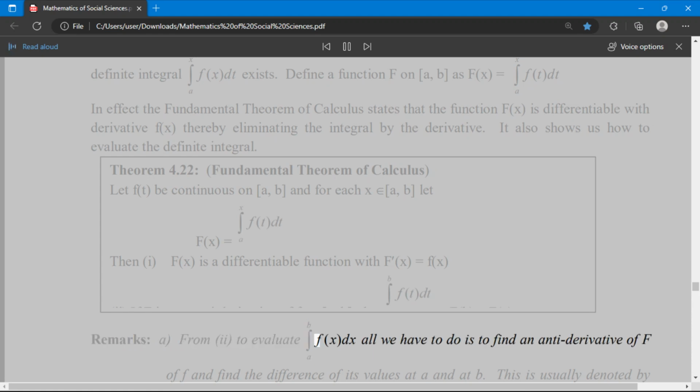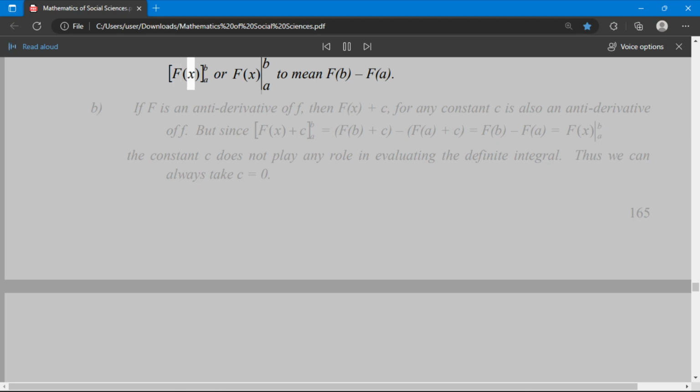Remarks. A. From (2), to evaluate ∫ₐᵇ f(x) dx, all we have to do is to find an antiderivative of f and find the difference of its values at a and at b. This is usually denoted by F(x) evaluated from a to b, to mean F(b) − F(a).